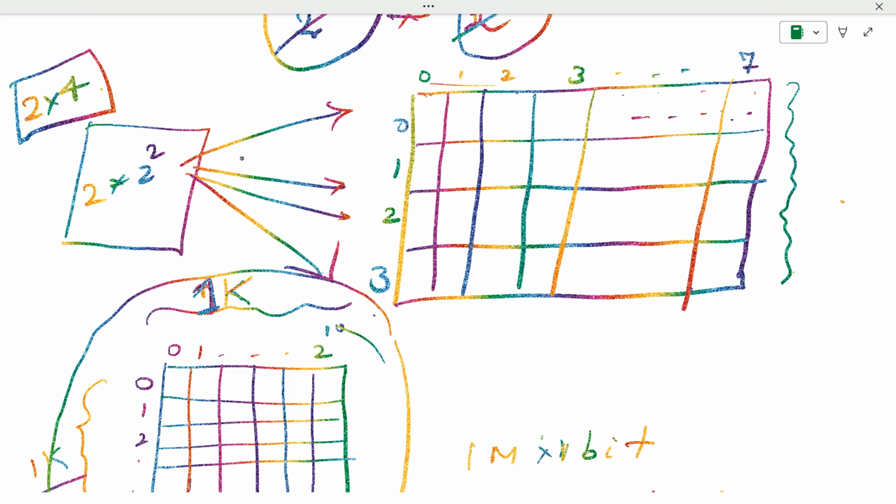Okay, so altogether, the memory size for the RAM unit is 2 raised to the power 10 into 2 raised to the power 10, that is 2 raised to the power 20.